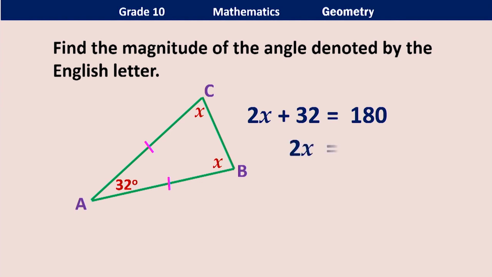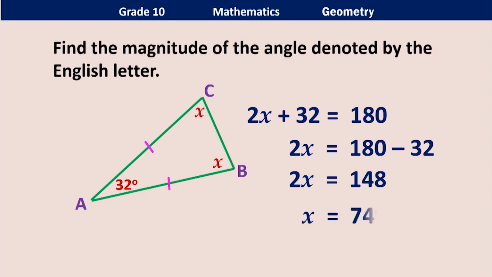So, I am going to subtract 32 from both sides. Therefore, 2x is equal to 148 degrees. To find the value of x, I can divide both sides by 2. When I divide 148 by 2, I can get 74 degrees as the magnitude of x.